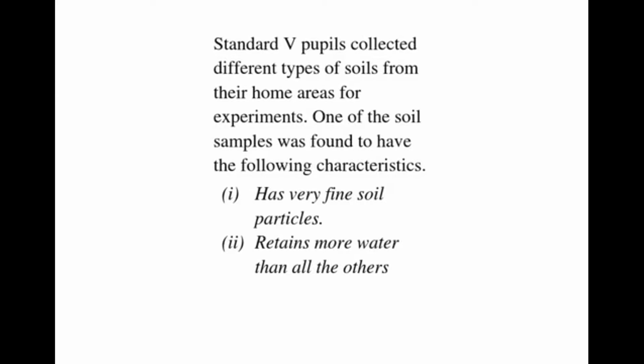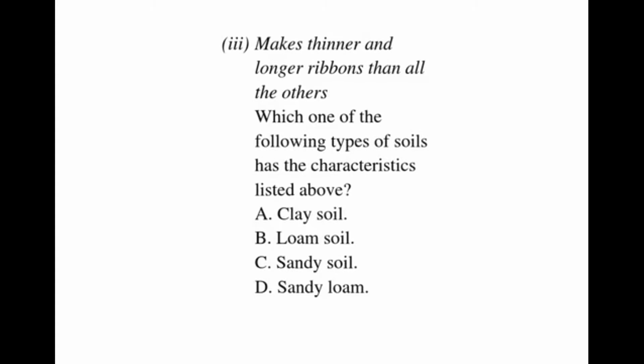Standard 5 pupils collected different types of soils from their home areas for experiments. One of the soil samples was found to have the following characteristics: has very fine soil particles, retains more water than all others, makes thinner and longer ribbons than all the others.